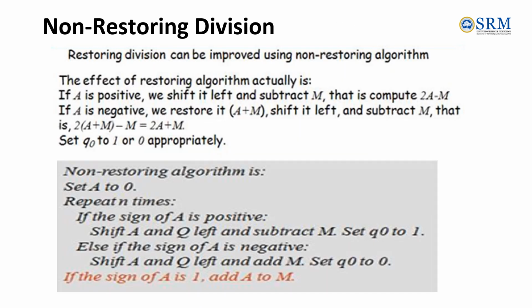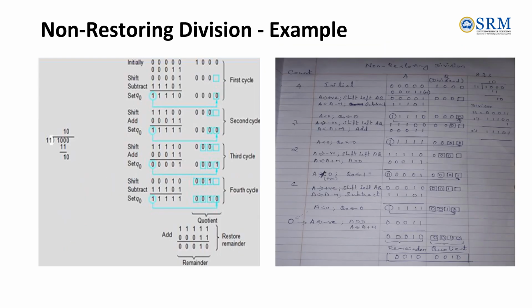So the algorithm is: set A to 0. If the sign of A is positive, shift AQ left and subtract M, then set Q naught to 1. Else if the sign is negative, shift AQ left and add M, then set Q naught to 0. If the sign of A is 1 at the end, add M to A. So this is how I am checking the sign.